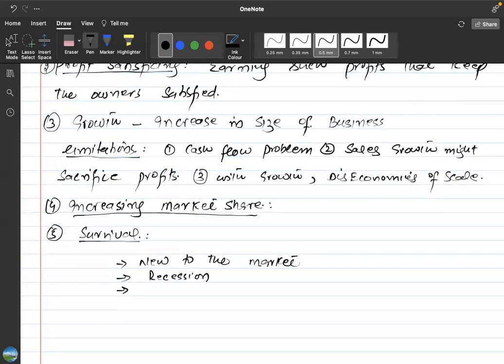And businesses are facing some competition in the market, and a larger competitor in the market is trying to invade. At that time too, businesses cannot increase their profit and opt for the profit maximization objective.